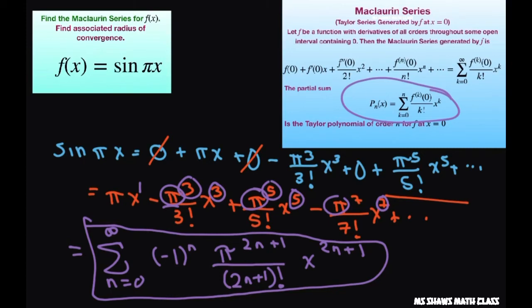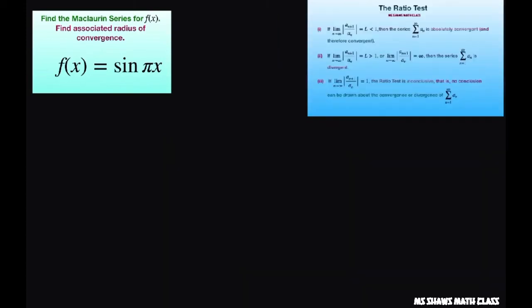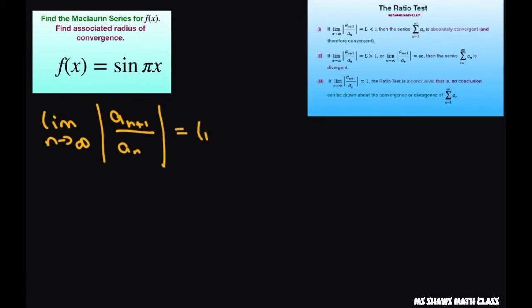So now we have to find the associated radius of convergence. We're going to use the ratio test. So we're going to take the limit as n approaches infinity of a sub n plus 1 divided by a sub n, absolute value. Now I'm adding n plus 1 from what I had before.